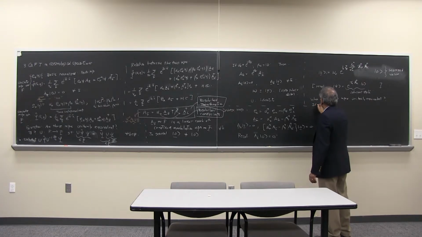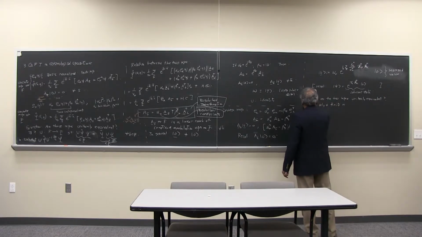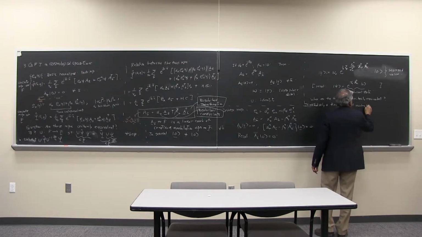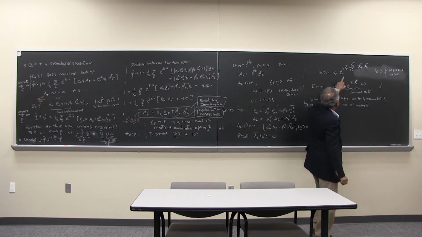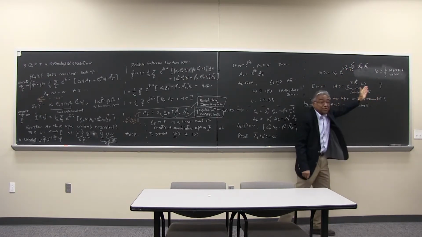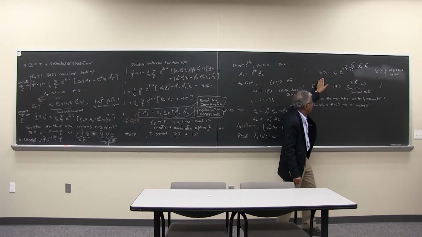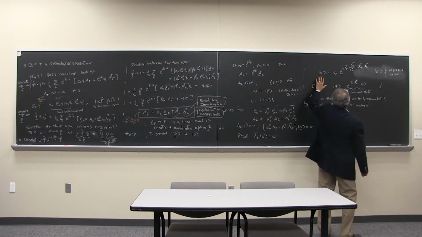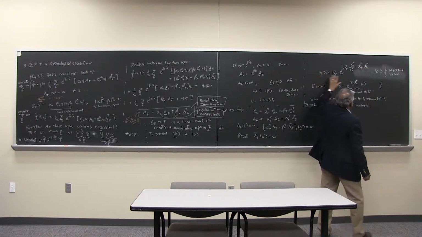If we had just a single mode, or only a finite number of modes, then this sum up here goes over only a finite number of modes, and I displayed for you explicitly this vacuum state.